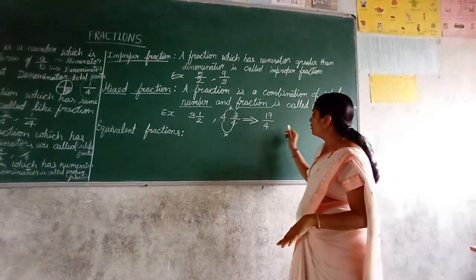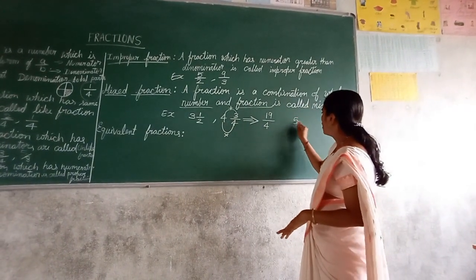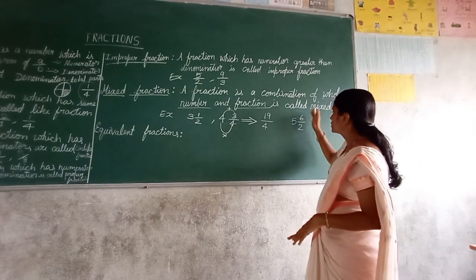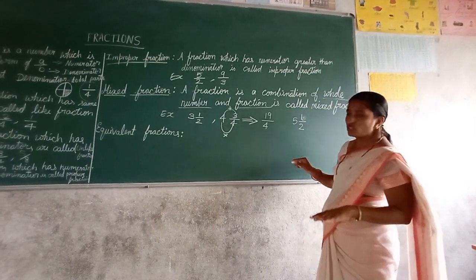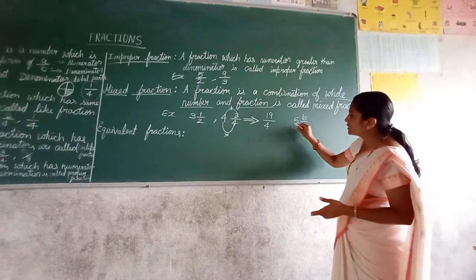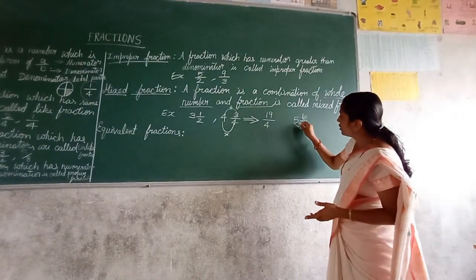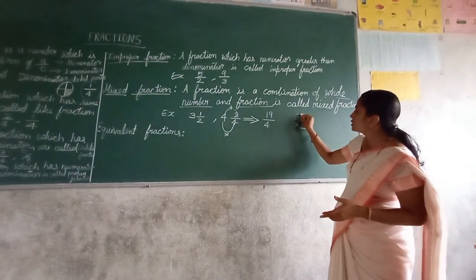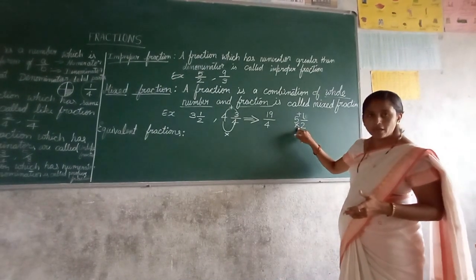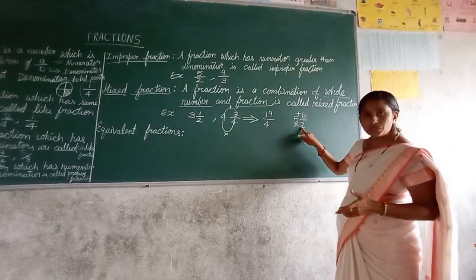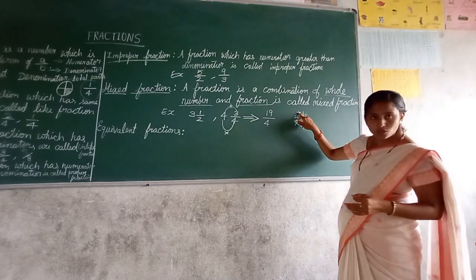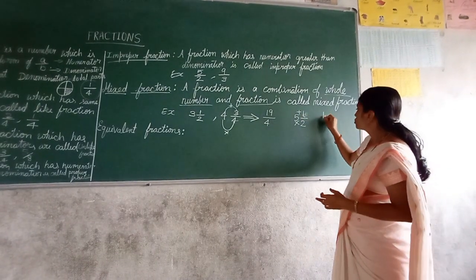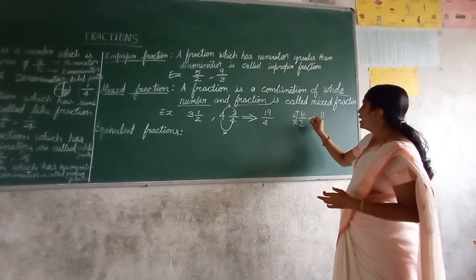Now, if they give, for example, 5 and 2/6 or 2/1, in this way we can convert. Otherwise you can put here only the symbols. Here I have used multiplication. 5 2s are 10. Here I used plus with that product, so you write 11.